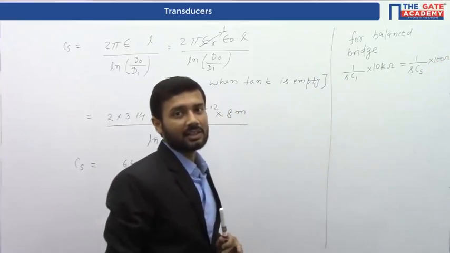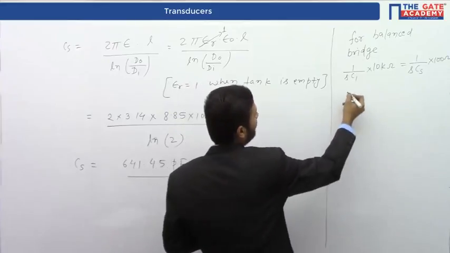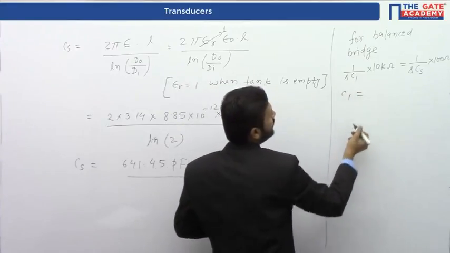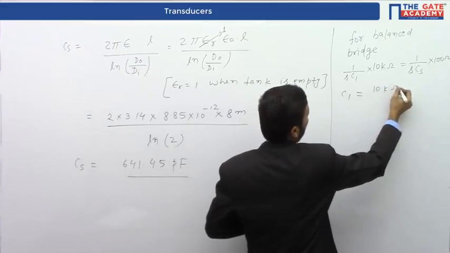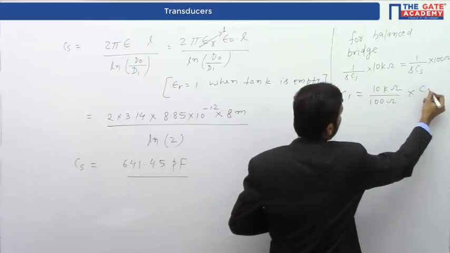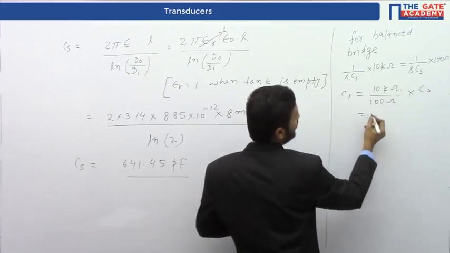We can write the bridge balance formula. So from here C1 is equal to 10 kilo ohm by 100 ohm into Cs.